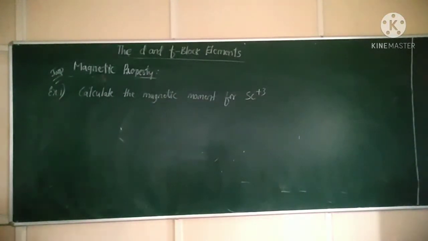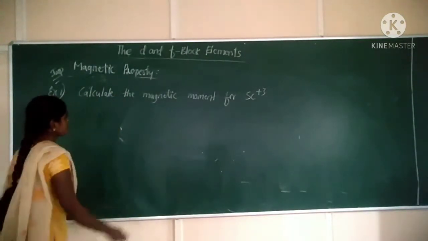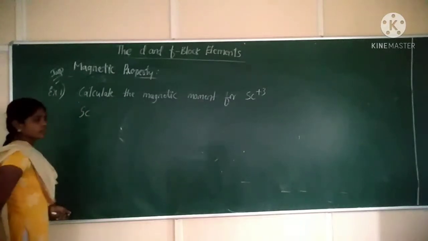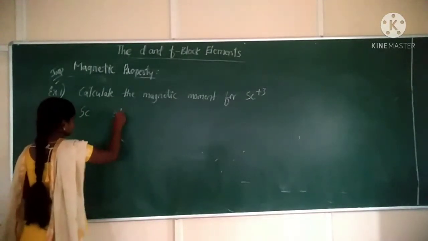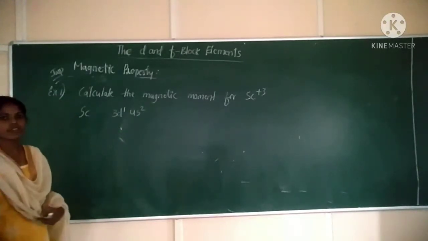What is the scandium electronic configuration? Scandium electronic configuration is 3d1 4s2.